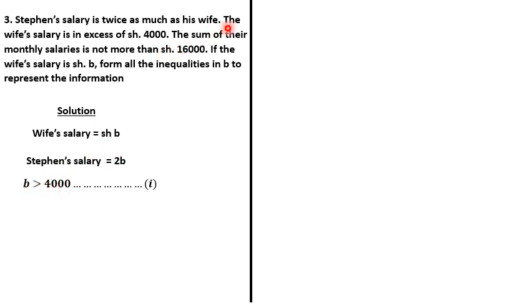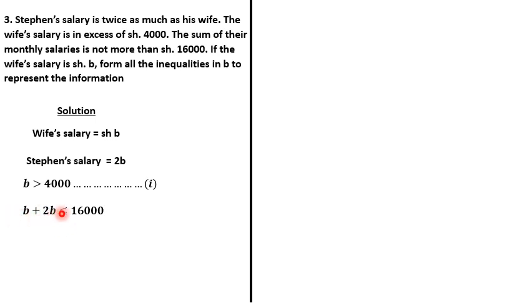Then the second inequality that you can form is that the sum of their monthly salaries is not more than 16,000. So the sum of their salaries becomes B plus 2B, and that is not more than 16,000. Not more than, we said, means less than or equal to.